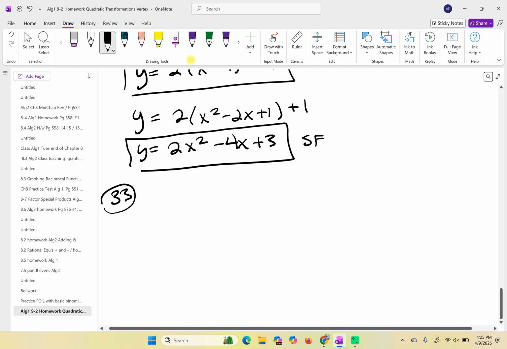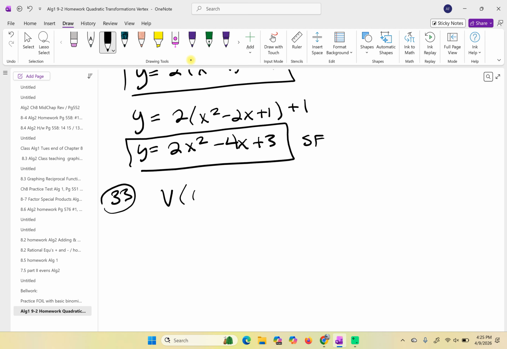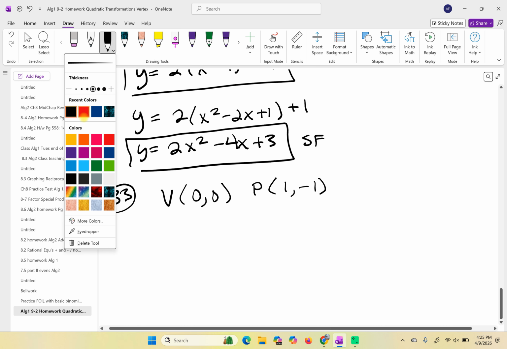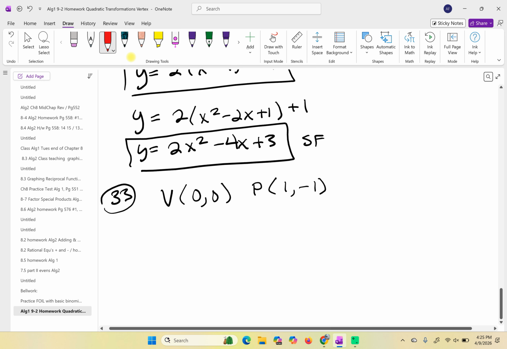Last problem, looking at the graph for number 33, the vertex is at 0, 0. A point on the graph that I chose to work with is 1, negative 1. Label.